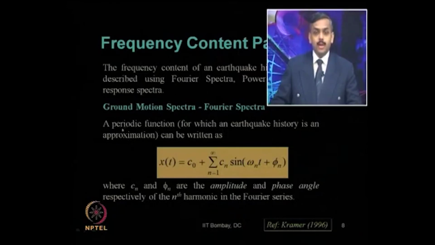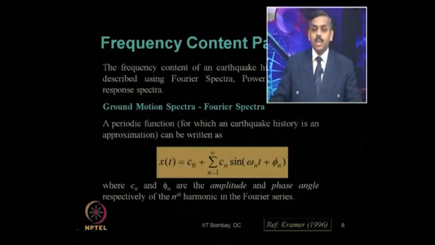It is a periodic function for which an earthquake history is an approximation, because we know that earthquake history is a random motion, not a periodic motion. But you can approximate that random earthquake history motion as a periodic function, which can be expressed in the form of a Fourier series. So, that is why the Fourier spectra originated.